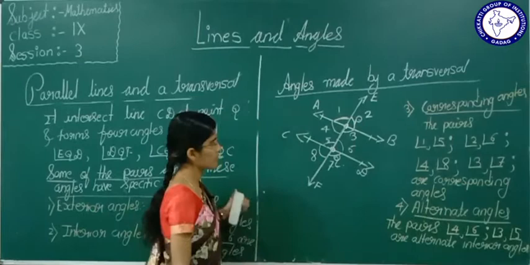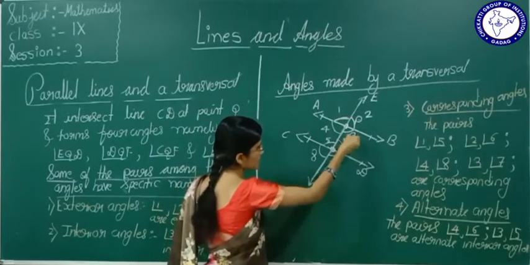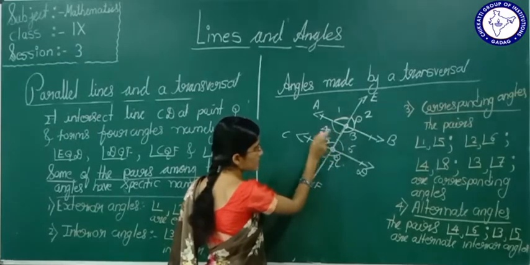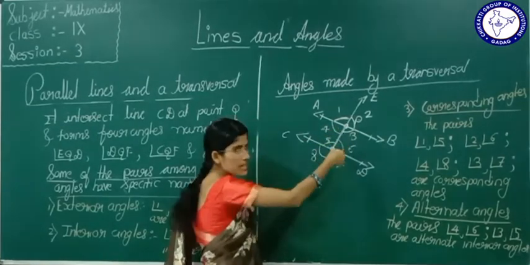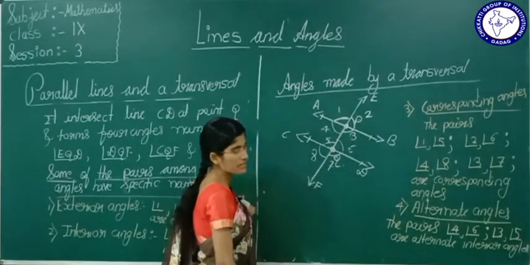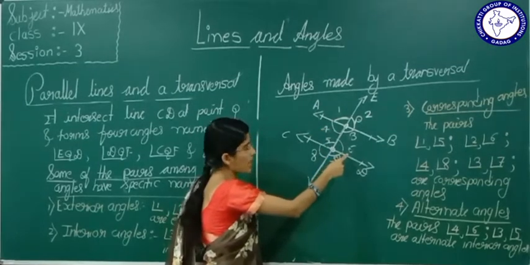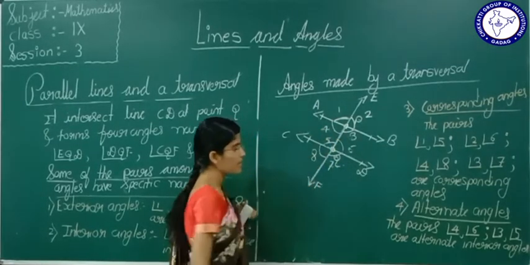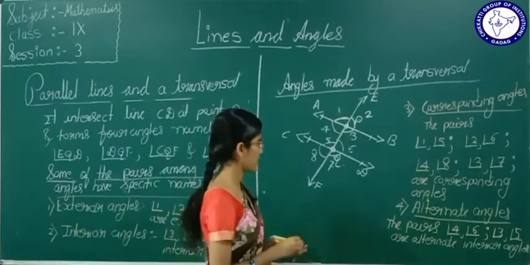Once more I will tell. The pairs angle 4, angle 6, angle 3, angle 5. These are alternate, no? Alternate. Why interior? Because these are interior angles. That's why the name is alternate interior angles. The pair angle 4, angle 6 and angle 3, angle 5 are alternate interior angles.